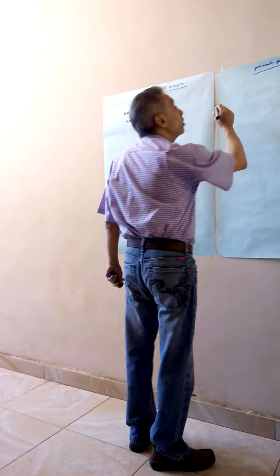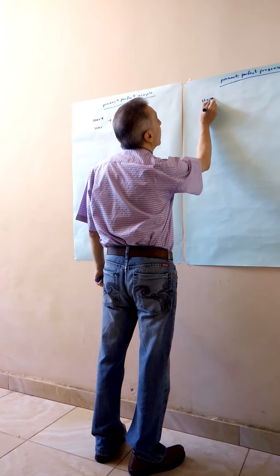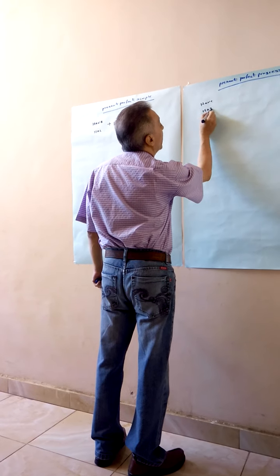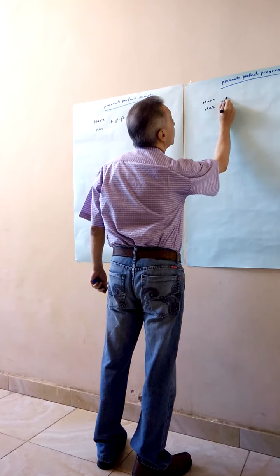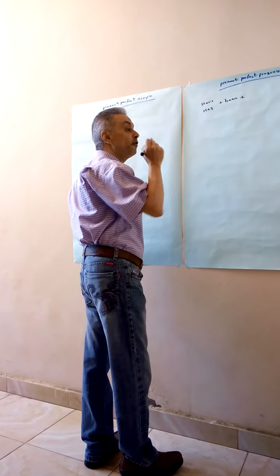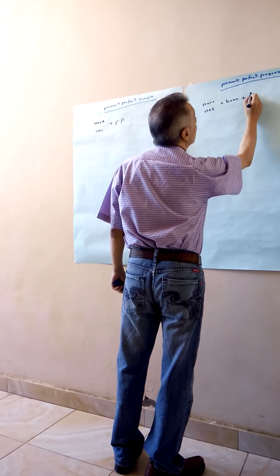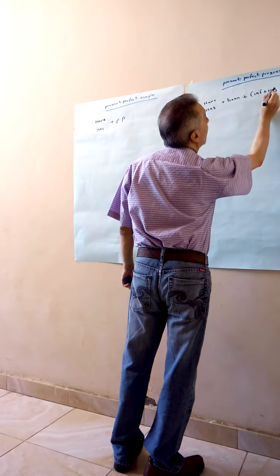Whereas the present perfect progressive is formed with have or has, depending on the subject, plus been, plus the infinitive plus ing.